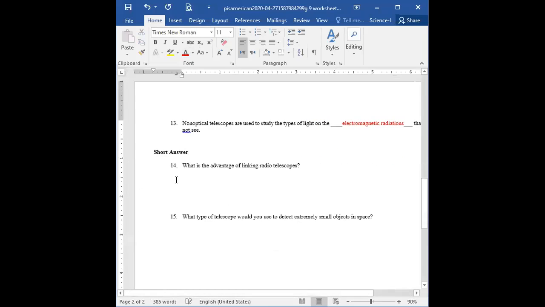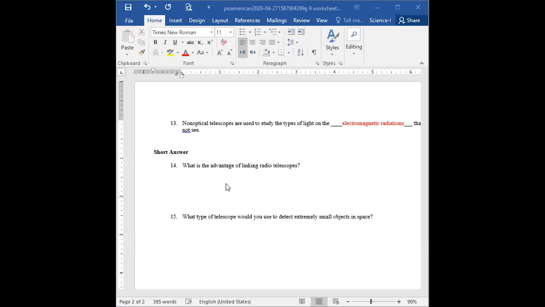Good. So then here pass to this question. What is the advantage of linking radio telescopes? As we said, we have a lot of radio telescopes now found in different areas. So what is the leverage that we get once we connect all these radio telescopes together? What do you think?